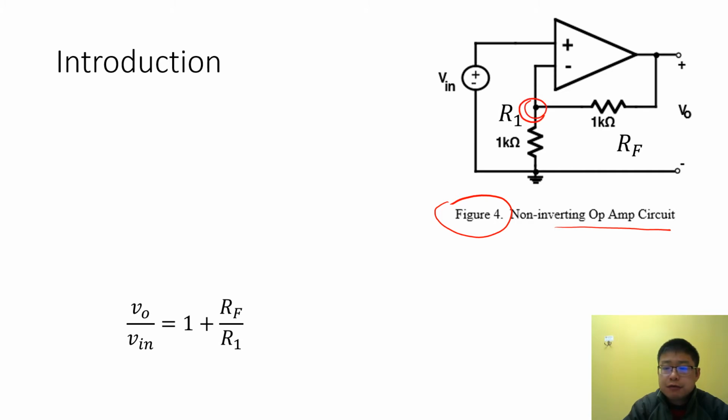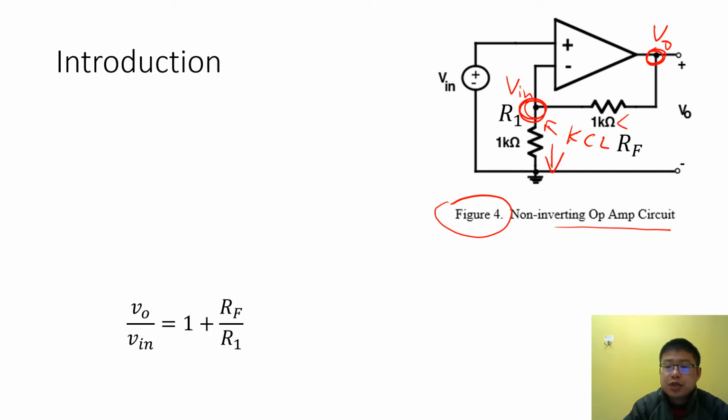The voltage of this node is obvious: it equals Vin, and the node voltage of this node equals VO. Then we apply KCL on this terminal. So the current flowing through R1 should be equal to the current flowing through RF.